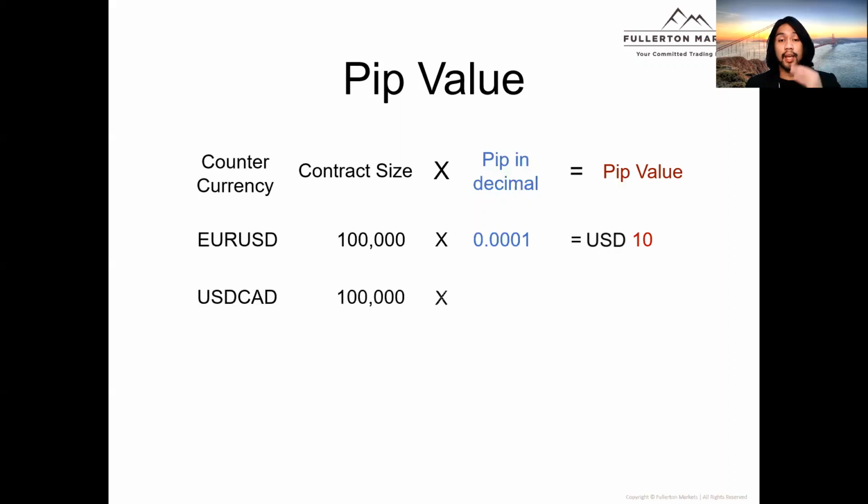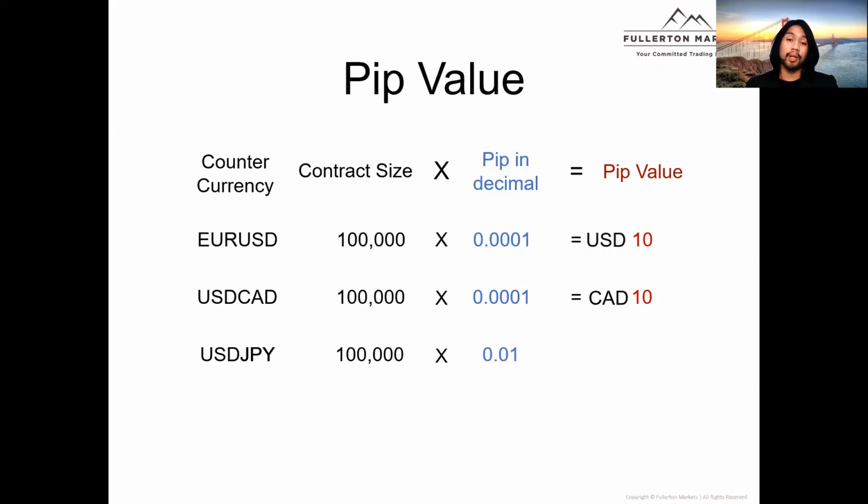Contract size, same at 100,000, and since it is not against the Japanese yen, 4 decimal places, the value is 10 Canadian dollars per pip movement. Moving on, we have the USD versus the Japanese yen, same contract size of 100,000 multiplied by 0.01, 2 decimal places only, simply because we are trading against the Japanese yen. The value here is roughly 1,000 Japanese yen per pip movement.